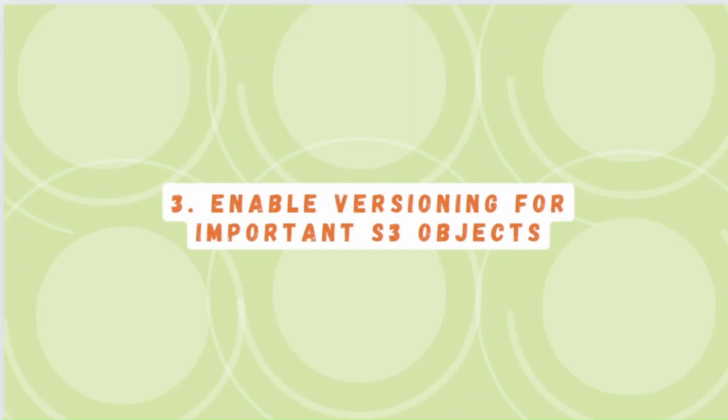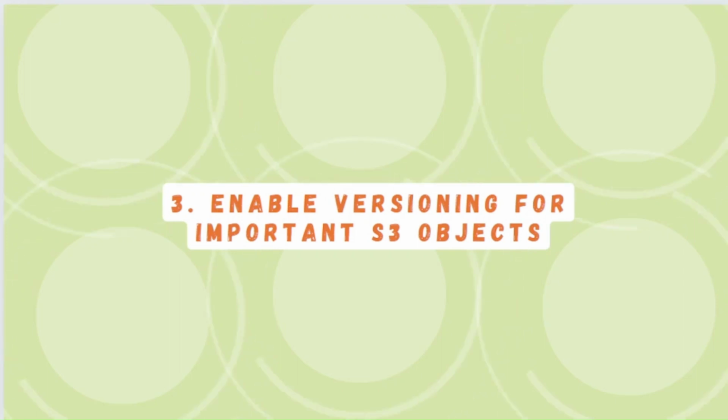So the third test case is about bucket versioning. You need to ensure that bucket versioning is enabled for S3 objects. Now, versioning and MFA delete go hand in hand. As you might have seen in the last test case, all the configurations were being done together, but they are slightly different.